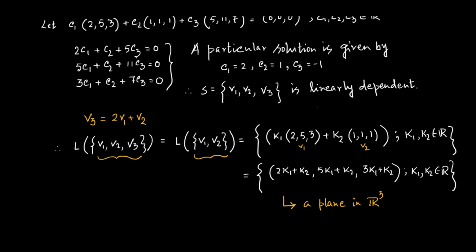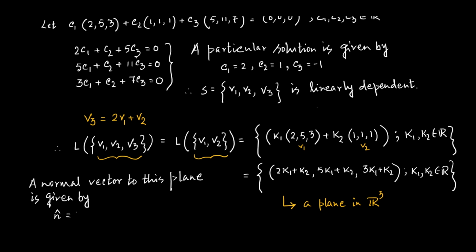Or in other words, the vector v3 lies in the plane spanned by the vectors v1 and v2. And a normal vector to this plane is given by n cap is equal to v1 cross v2. If you calculate, this will be (2, 1, -3).